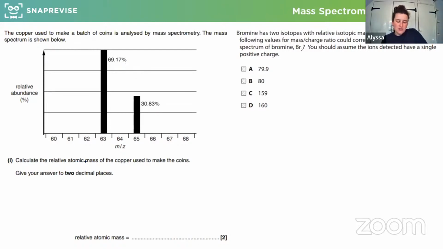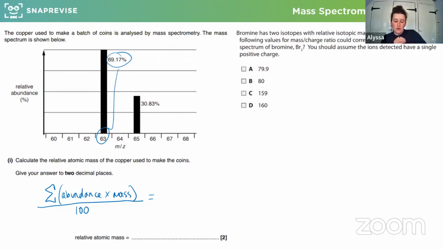So we're calculating relative atomic mass. It's the same as we did before. It's the sum of the abundance times what we're assuming is the exact mass, divided by 100. Don't forget to keep the numbers associated with each other. So 69.17% of the coins have a mass of 63, so I need to keep those numbers together.